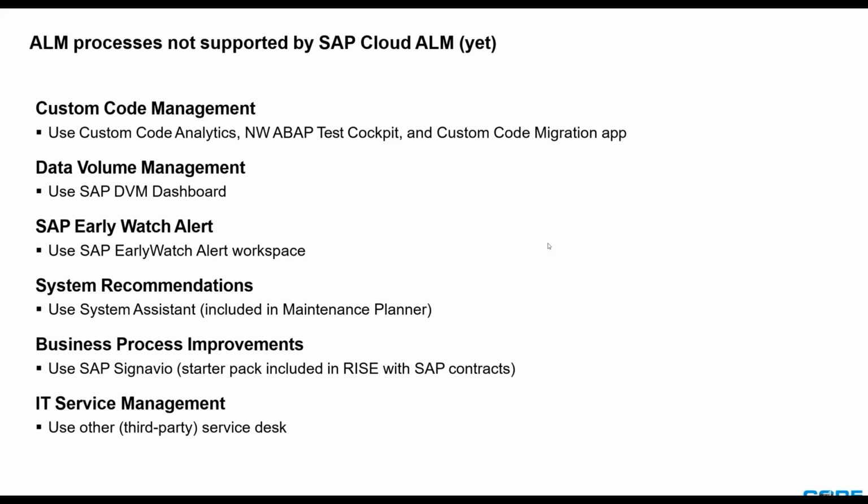Data volume management, so anything as far as managing your data, or using any type of archiving, is also not supported. SAP EarlyWatch Alert is not supported, and neither is system recommendation. That has already moved into the maintenance planner, but it's also not supported. Also, business process improvement and IT service management, so anything from incidents, etc., is also not supported within Cloud ALM.